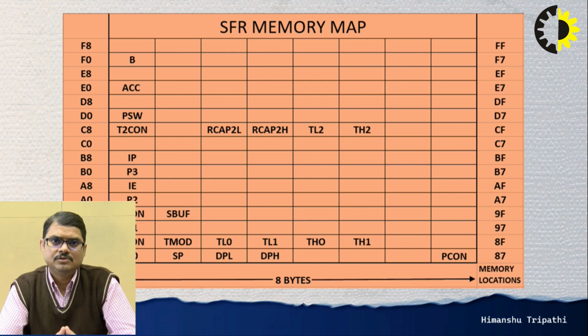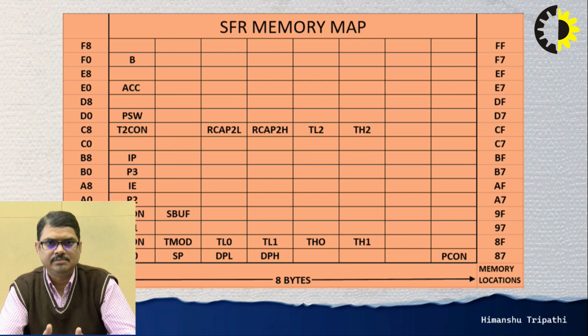If we are performing a multiplication, we can use only two registers, A and B. The instruction format is MUL AB. If we are doing division in the 8051 microcontroller, we can use the instruction DIV AB. That means only the B register and A register can be used in multiplication and division.